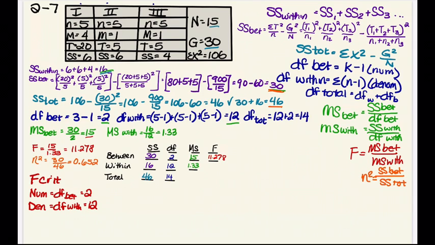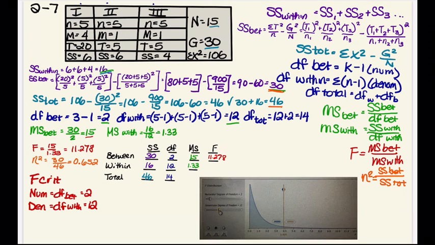And so we'll move our sliders for our numerator and denominator to the appropriate places of 2 and 12. We'll select a one-tailed test, and since we have an alpha level of 0.05, we'll have 95% in our body and 5% in the tail.